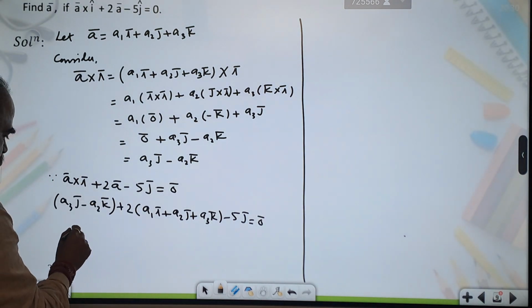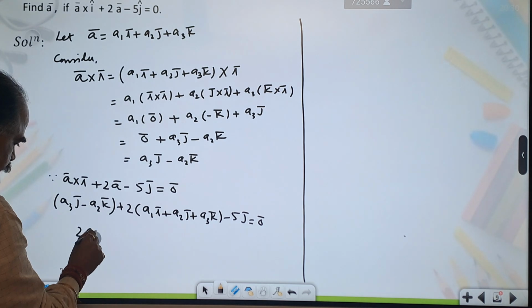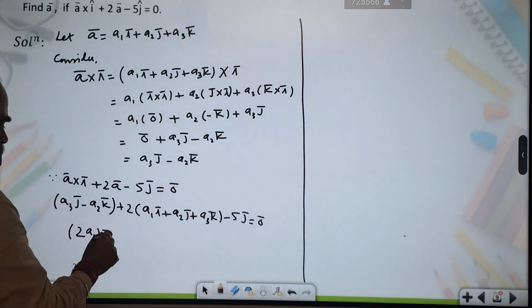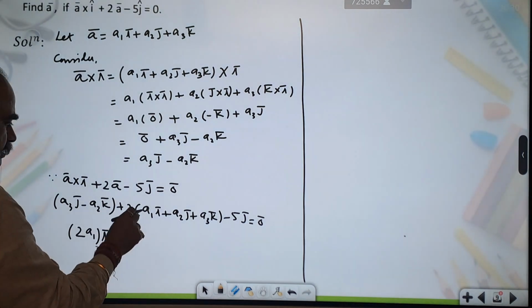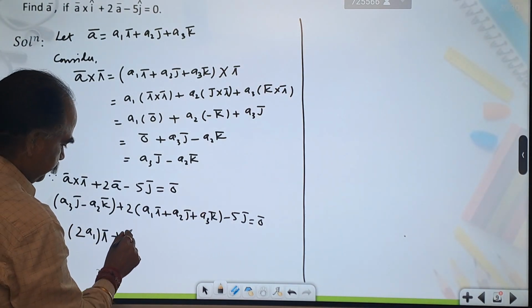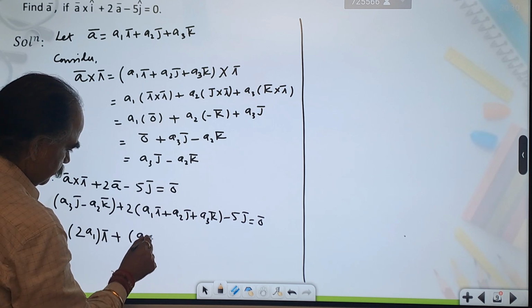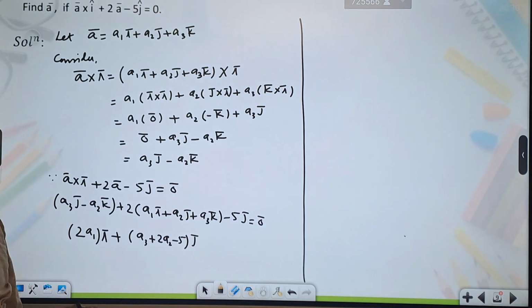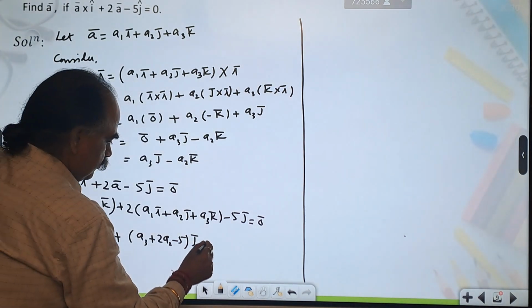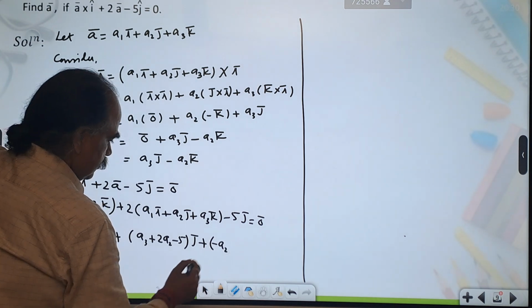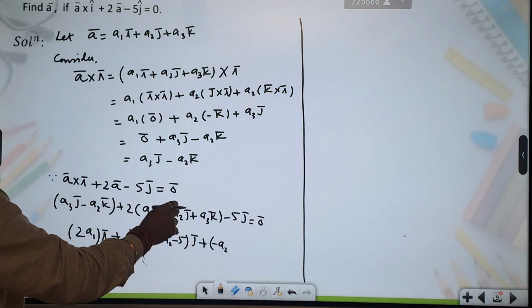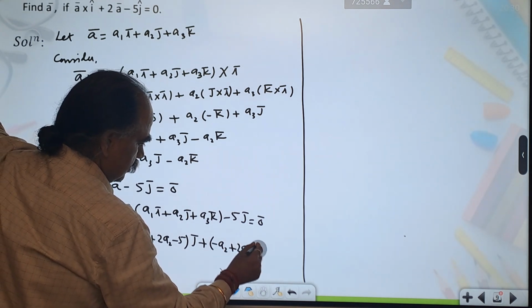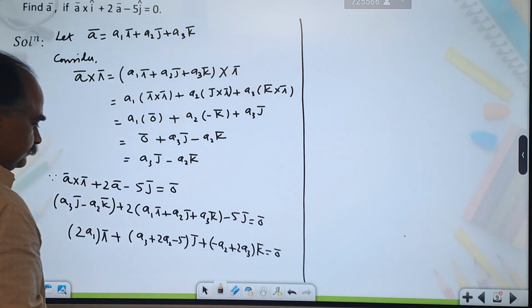So 2a1 i bar, then j bar common: a3 plus 2a2 minus 5, and k bar: minus a2 plus 2a3, is equal to 0 bar.